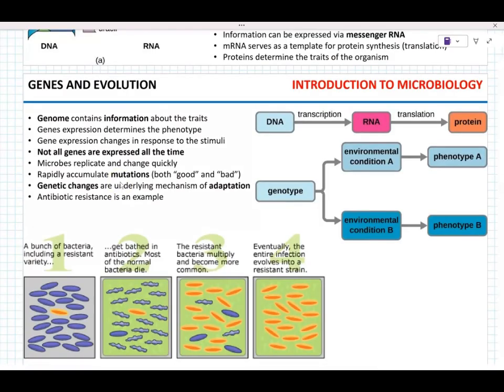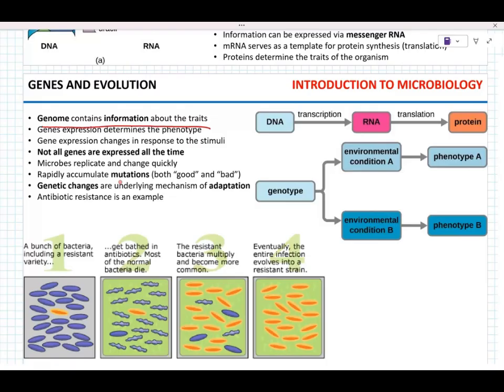So, when we are talking about the genome of an organism, we talk about the information about its traits, right? Bacteria can have a gene for antibiotic resistance. This is a phenotypical trait. Bacteria can have a set of genes that will result in the production of a capsule. Capsule is a phenotype. Am I making sense? So phenotype is defined by genotype.